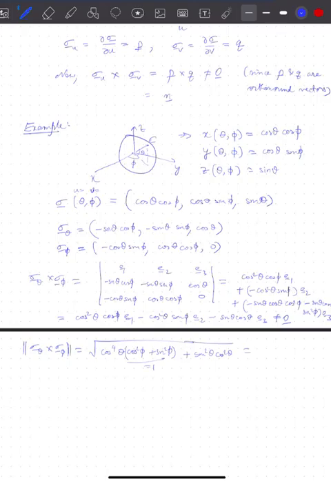So this is equal to 1. And then inside, you can even have cosine square theta as common, so cosine square theta plus sin square theta. So this gives us the norm of that, cosine theta, right? So that is what it is.